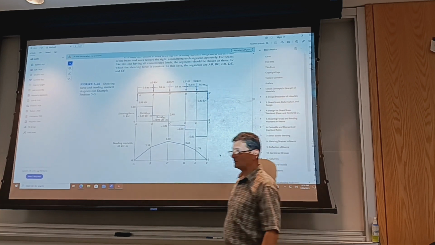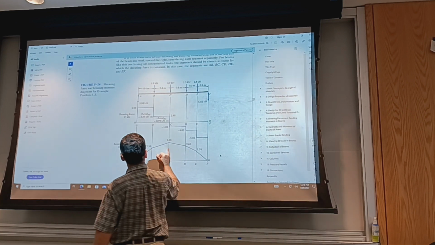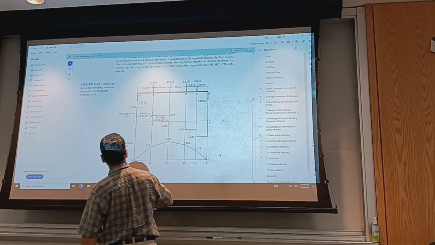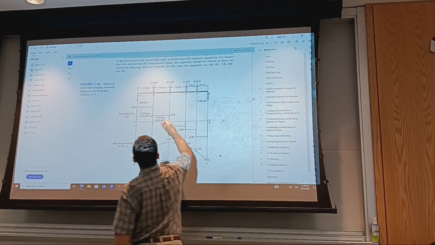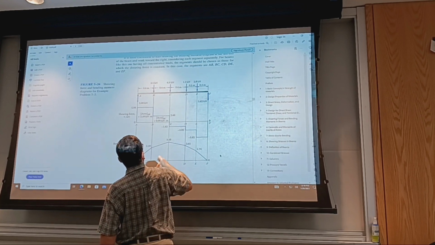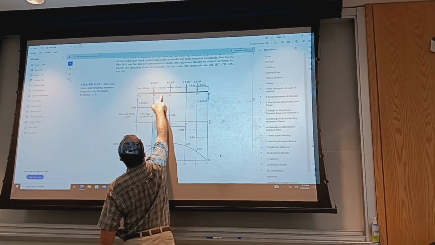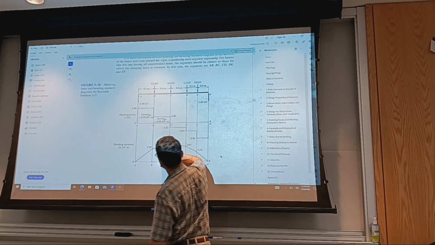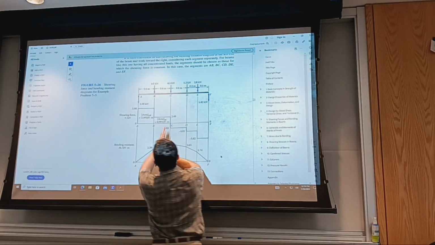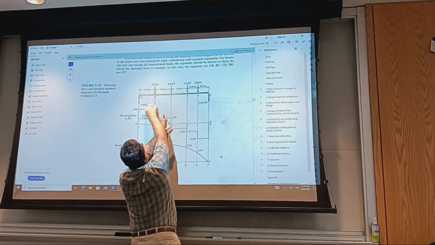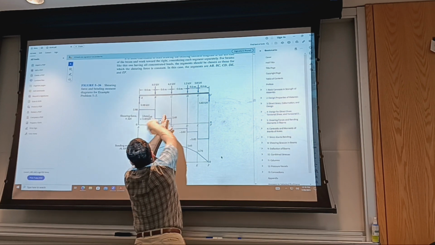If you want to evaluate the moment anywhere, say I want the magnitude of the moment, it will be 0.4 plus a half distance 0.6. So the magnitude of this moment here is going to be equal to the area under the curve.